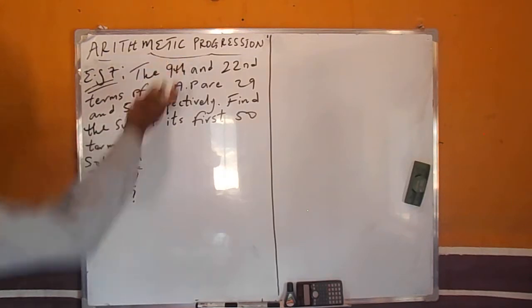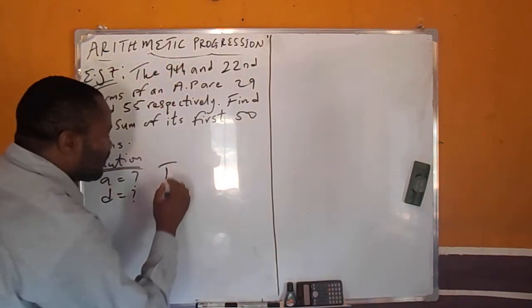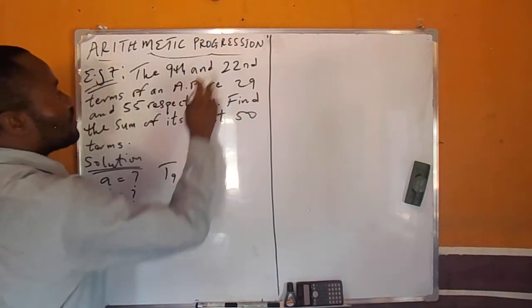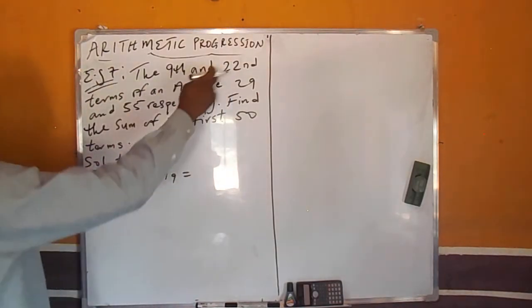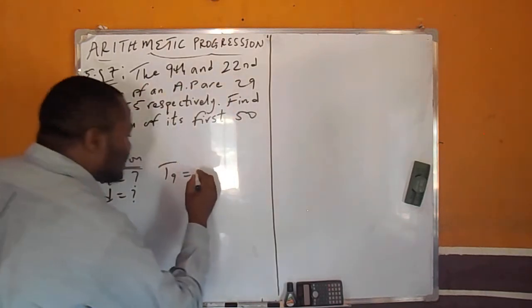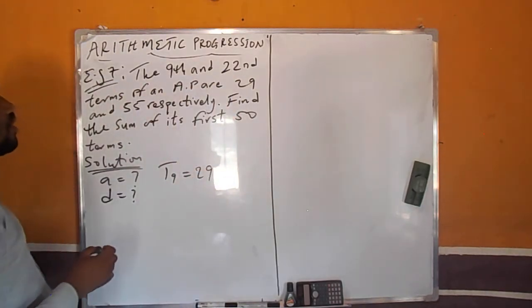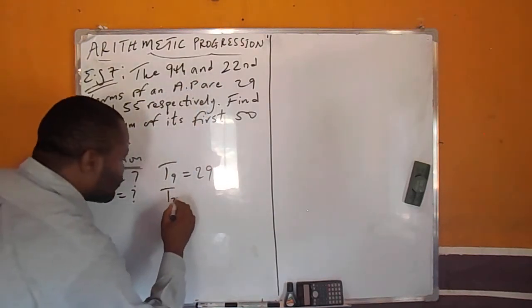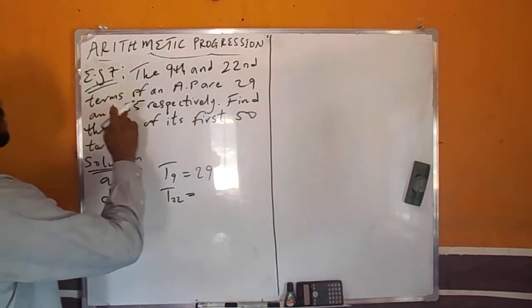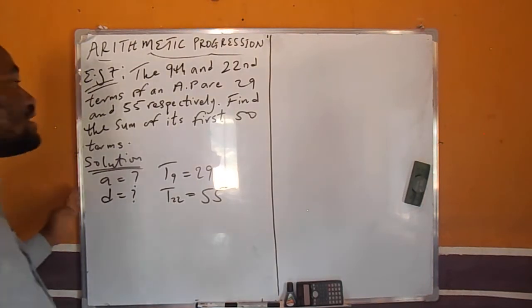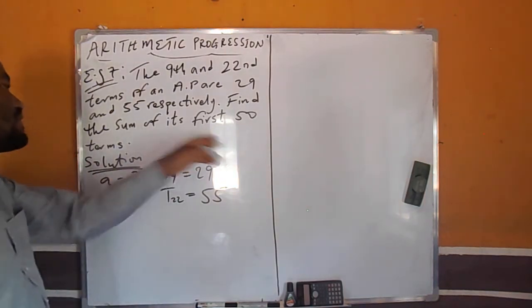The nth term, we have only Tn, where the first one is T9, the 9th term, equals 29, while the second one, T22, equals 55.